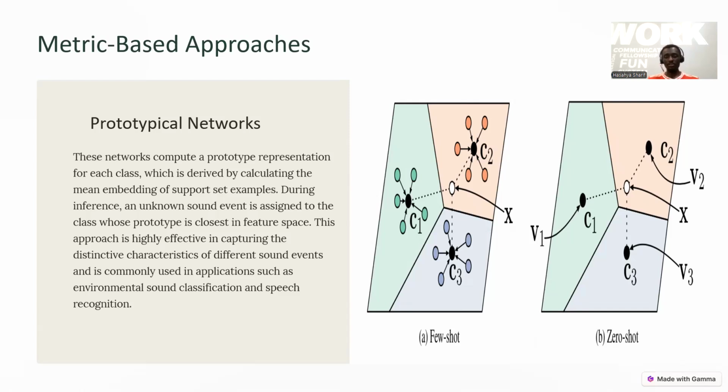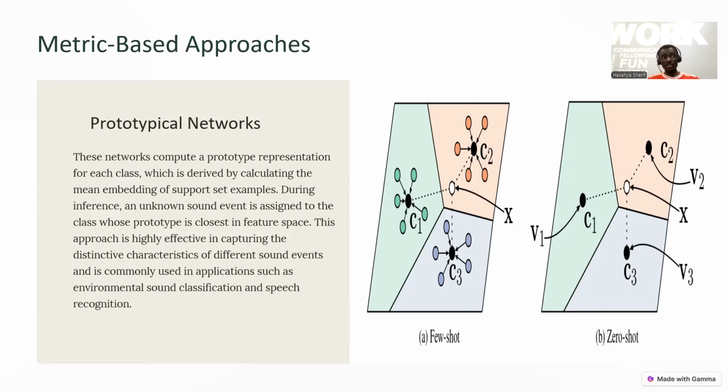They are mainly in two categories, that is few shot and zero shot, whereby in few shot, as you can see in our picture, we have three classes, C1, C3, and C2. So these classes represent each prototype. And a new event X is classified based on its proximity to the nearest prototype.